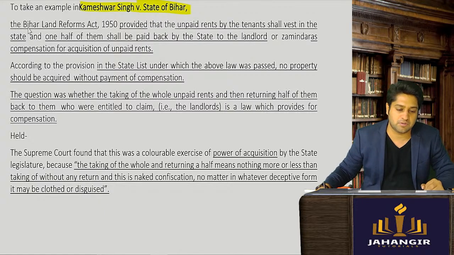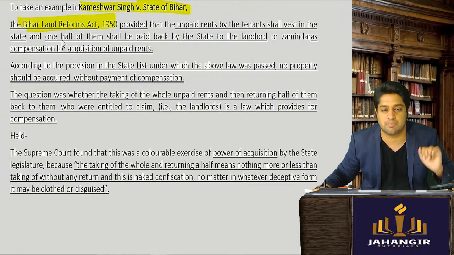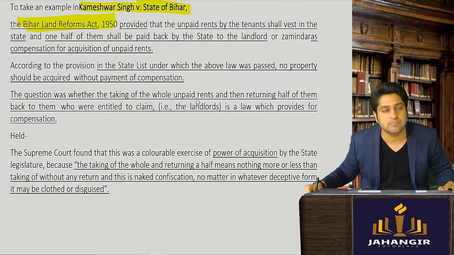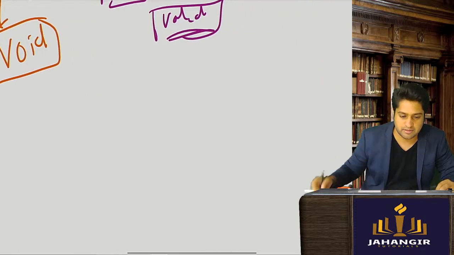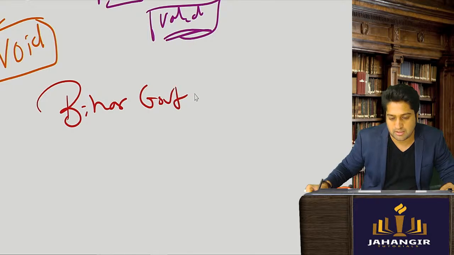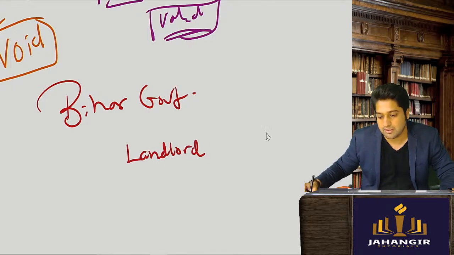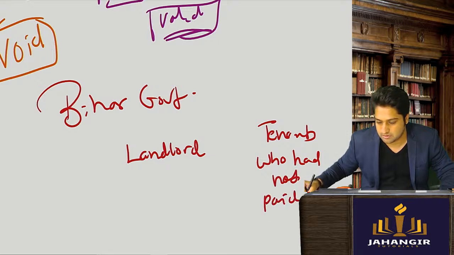Here, what did they say? It was a Bihar Land Reform Act which was declared to be colorable legislation and declared void. Let me explain the case. The Bihar government passed a law that landlords are there and there were tenants who had not paid rents.